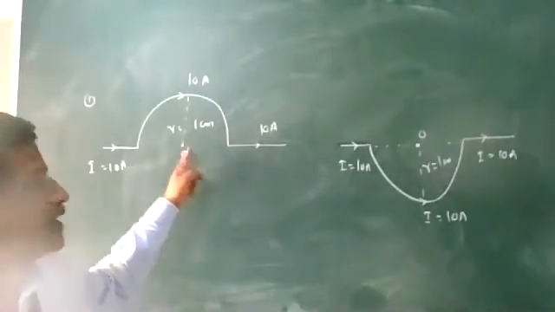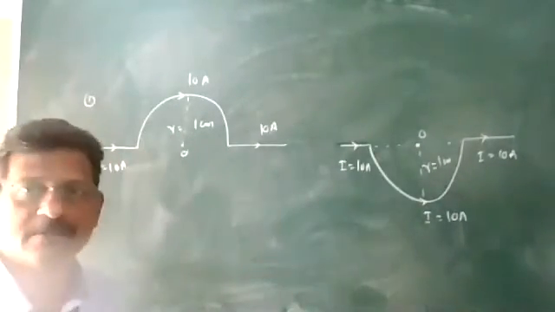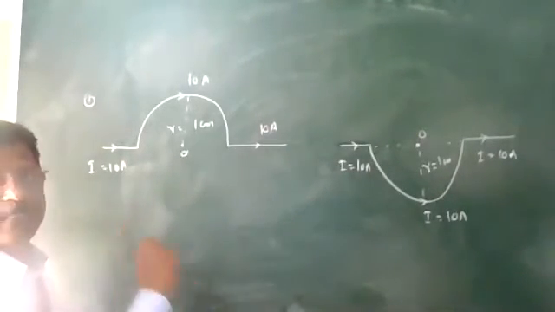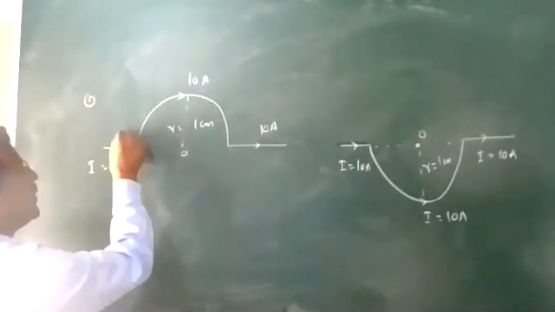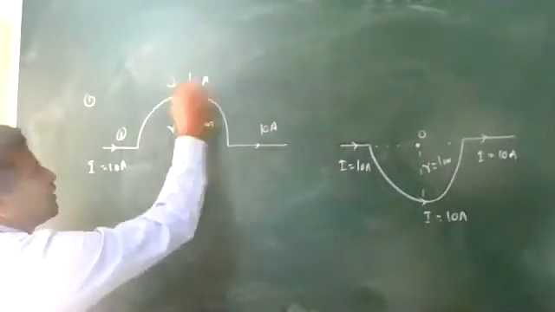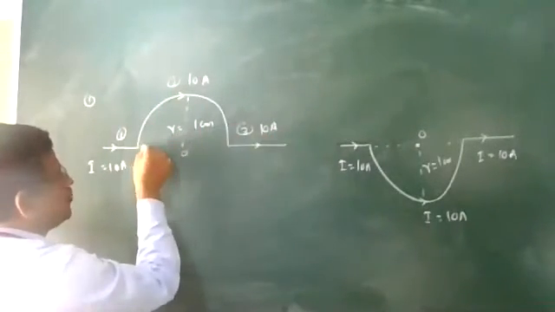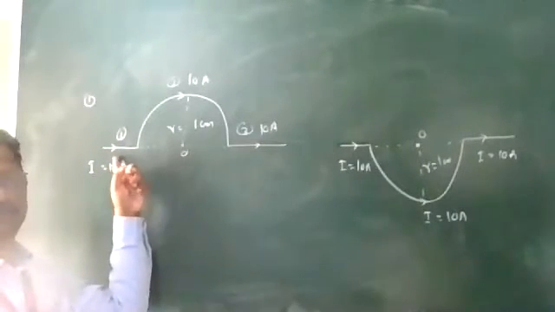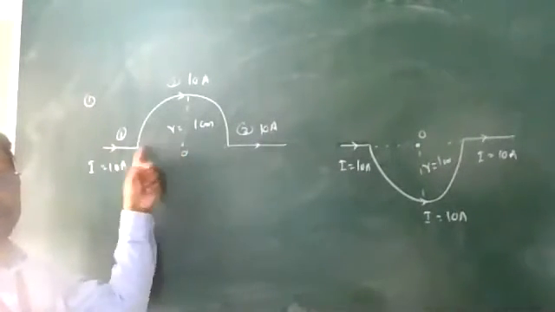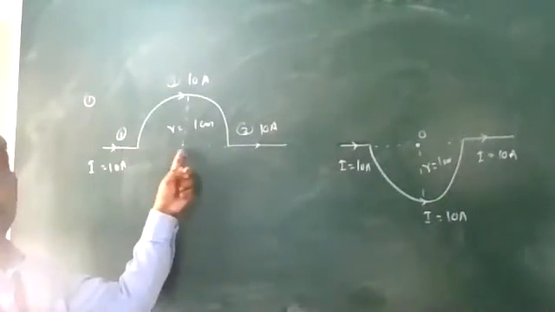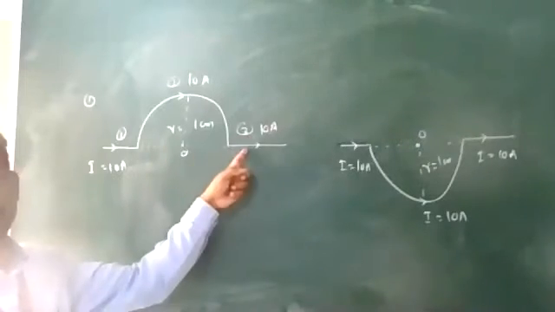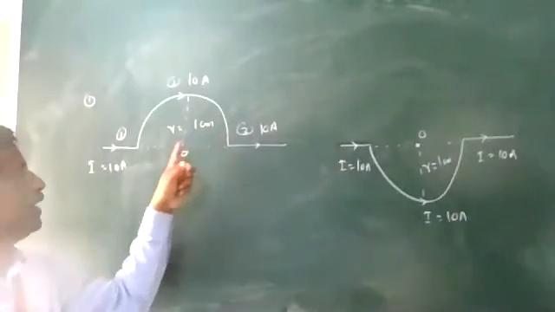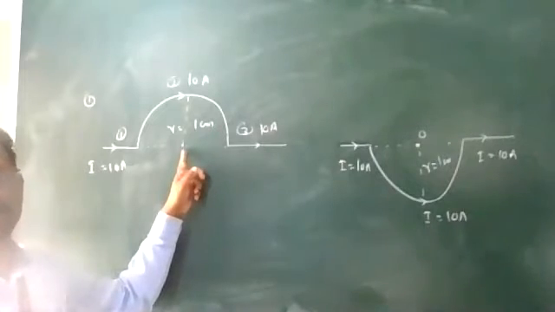So it is a semicircle. You can see two straight parts. This is a straight part, second is the curved part, and third is the straight part. The point O is along the same line as the straight parts. The dl vector and r vector are parallel, and here also they are parallel. So the straight parts 1 and 3 will not contribute anything to the magnetic field at the center.